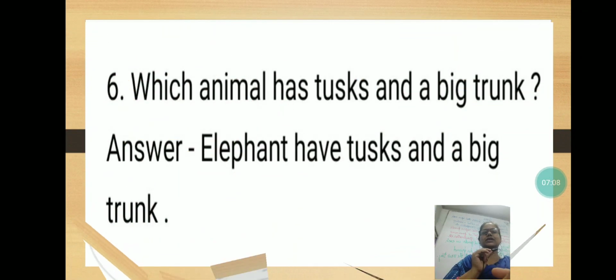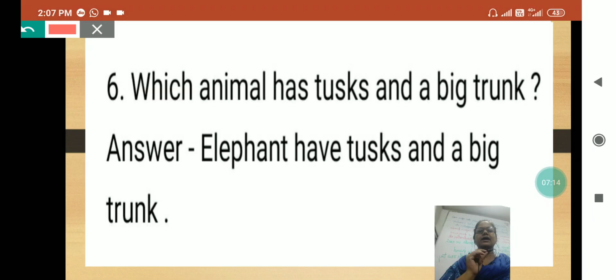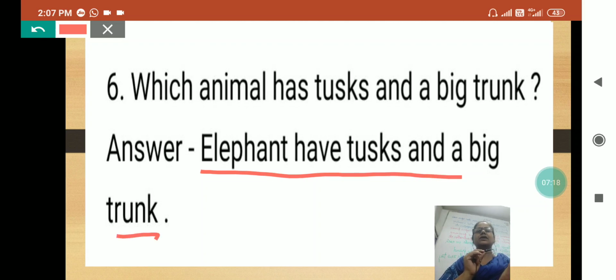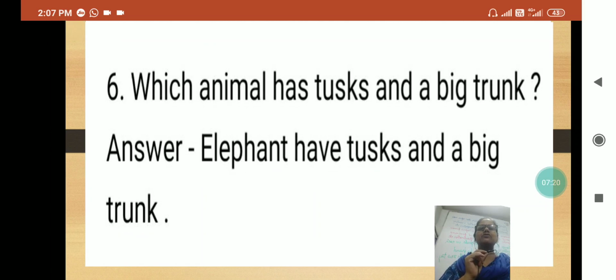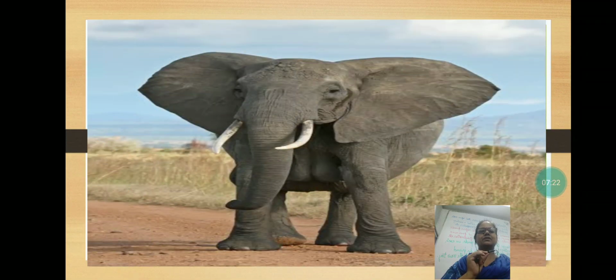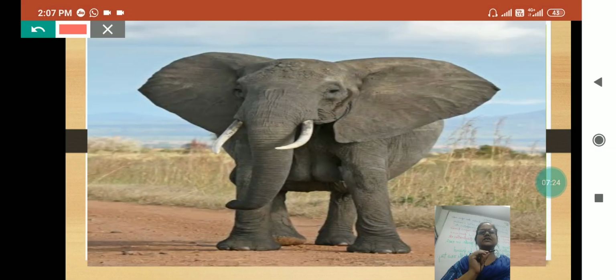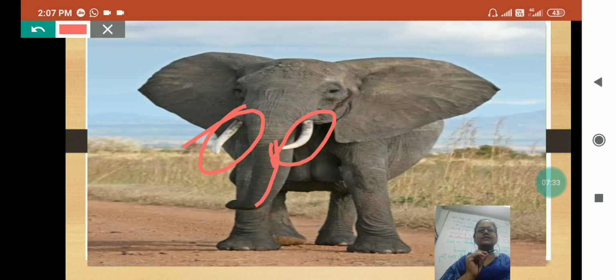Now I am showing you the next. Which animal has tusks and a big trunk? Elephant has tusks and a big trunk. Now I am showing you the picture of an elephant. See, these teeth which you can see, this is called tusk, and this is the trunk of the elephant.